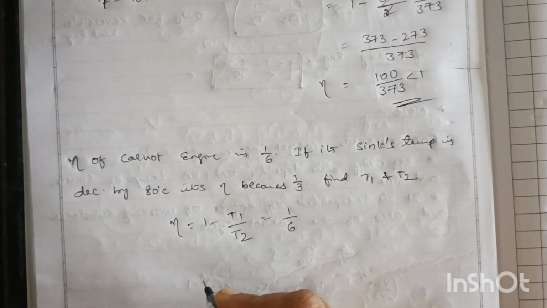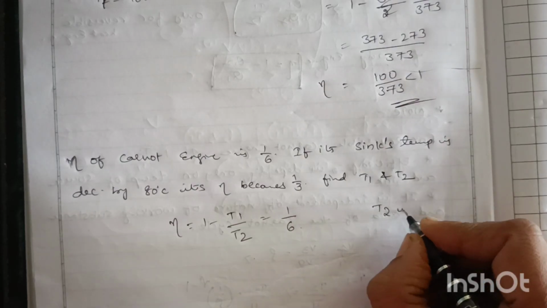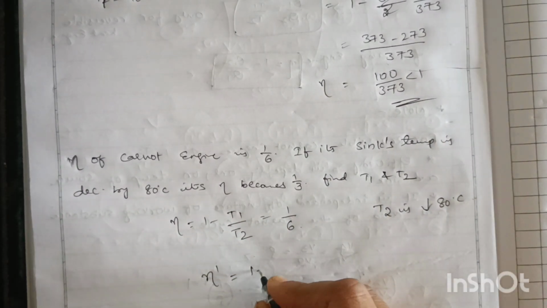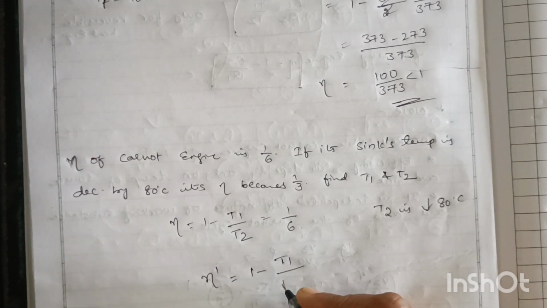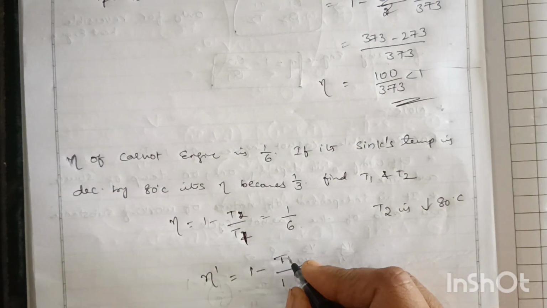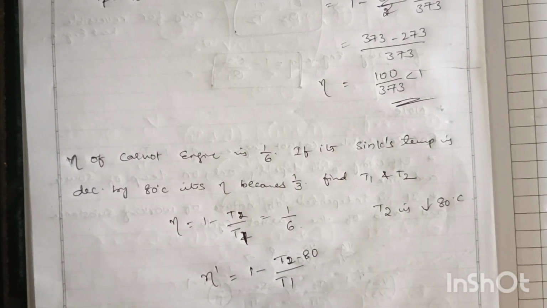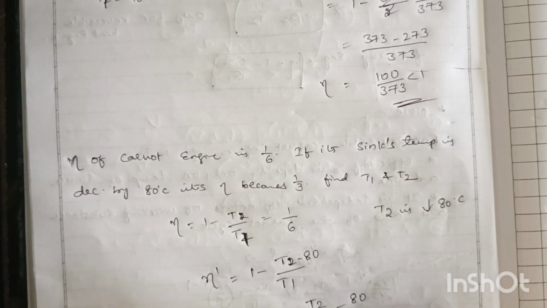Next, the T2 value is decreased by 80 degrees centigrade, so eta dash is 1 minus (T2 minus 80) by T1, which I write as 1 minus T2 by T1 plus 80 by T1.